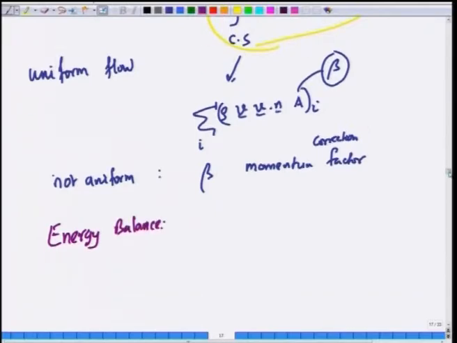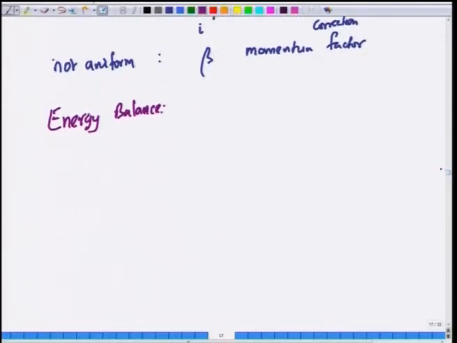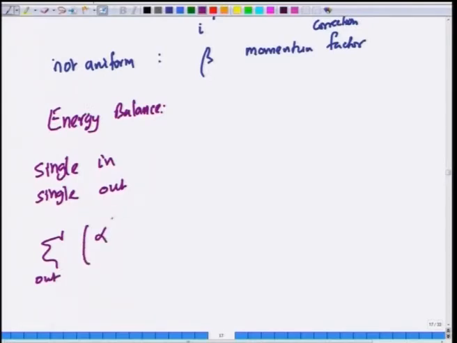Now, again, it is a restatement of the first law of thermodynamics for a flowing fluid, and when you have a single inlet and single outlet, the energy balance simplifies to the summation over all outlets. Let's keep it to single inlet, single outlet for simplicity: alpha v squared by 2.